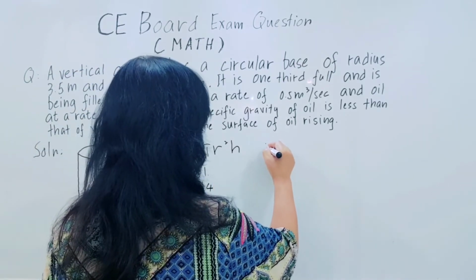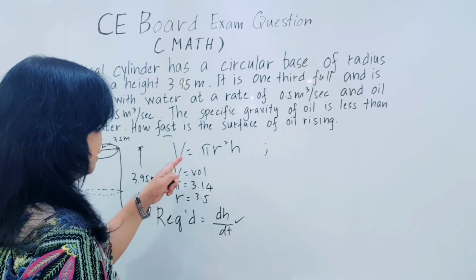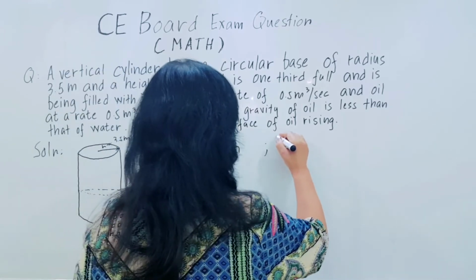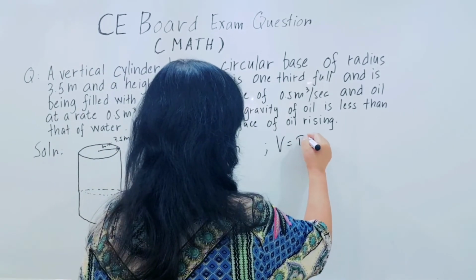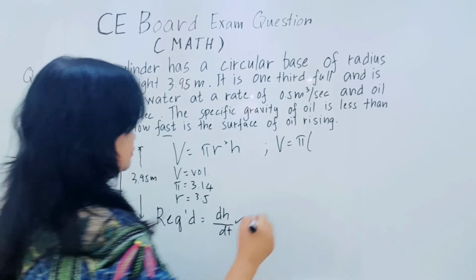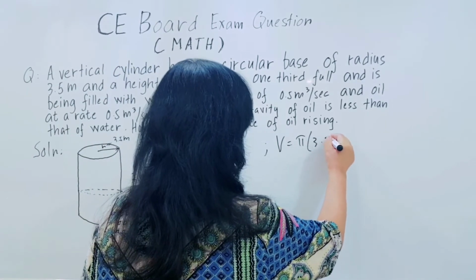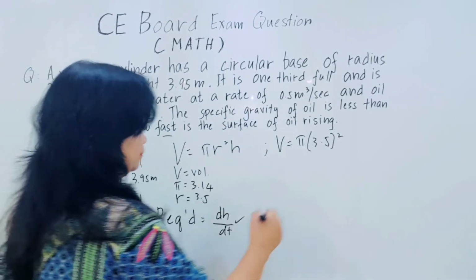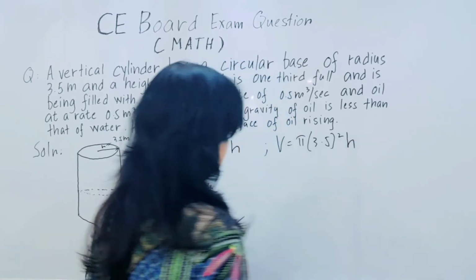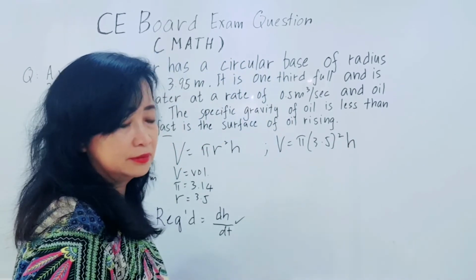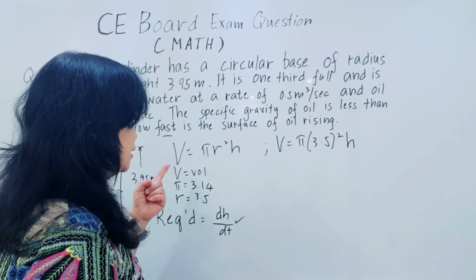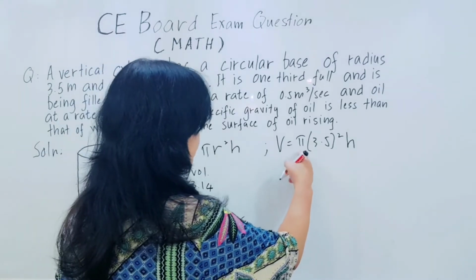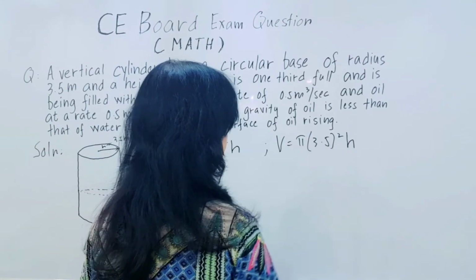Now, if we substitute the values, volume is equal to pi times 3.5 squared times h.